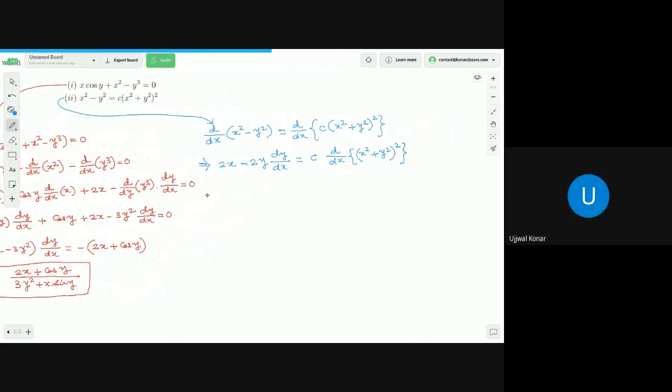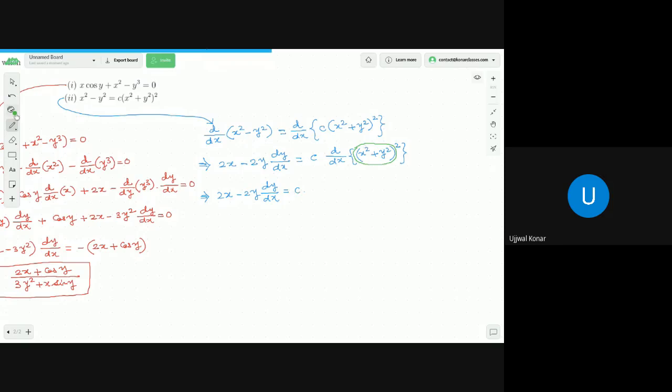So first, the left hand side is 2x minus 2y into dy/dx. Here, if you recall the way I have done it, assume that this is actually a green circle, as if you are going to do d/dx of green circle whole square.